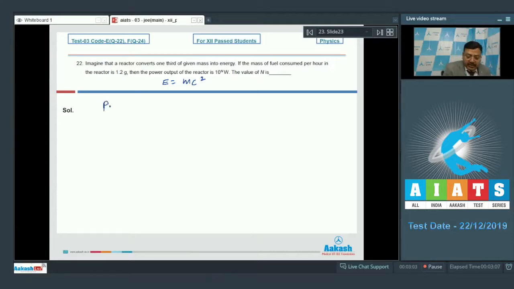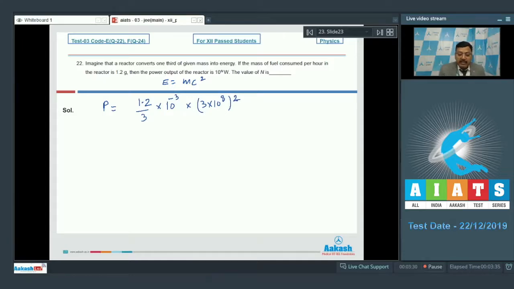That means the value of power produced will be 1.2 by 3 gram. If I convert this into SI units, that means into kilogram, I need to multiply it by 10 to the power minus 3. This is m, and c square, of course, is 3 into 10 to the power 8 whole square.